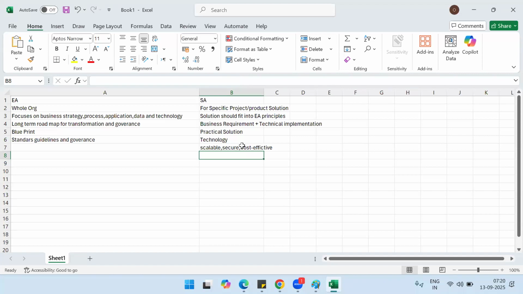Now this requirement is given to you as a solution architect. Then you decide that I need to set the budget, and I should get notified by some automation. So everything will be decided by the solution architect.